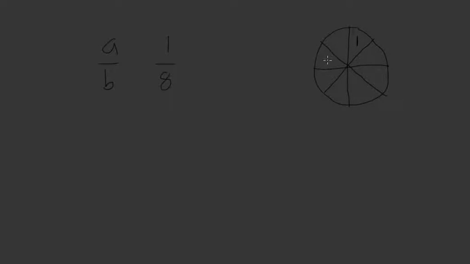In this case, we have a pizza, so there are 8 equal parts. And so if you eat one slice, you have 1/8 of the pizza. If you eat another slice, then you have another 1/8 of the pizza, and if you eat another slice, you have another 1/8 of the pizza.